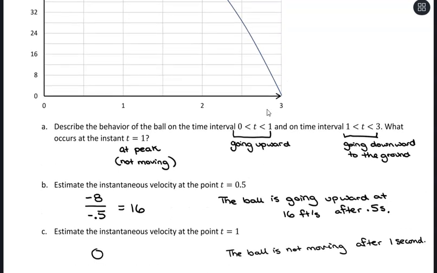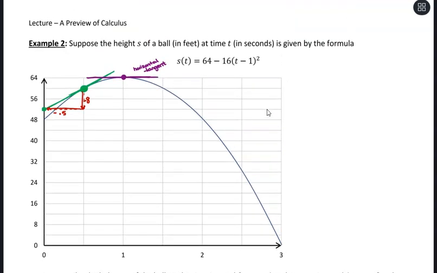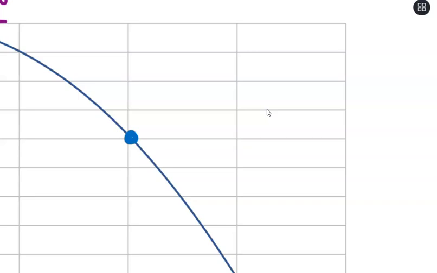Okay, last one here at t equals 2. Right here. And then let's just try to match up this slope as best we can. Not super great with the screen, but we'll just do the best we can.